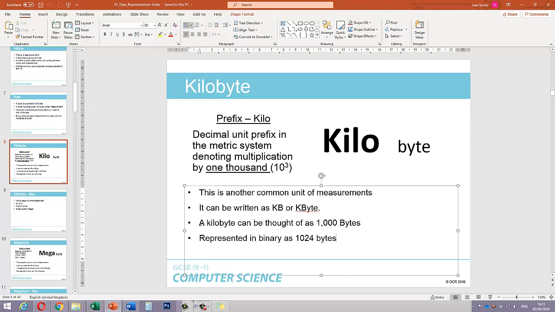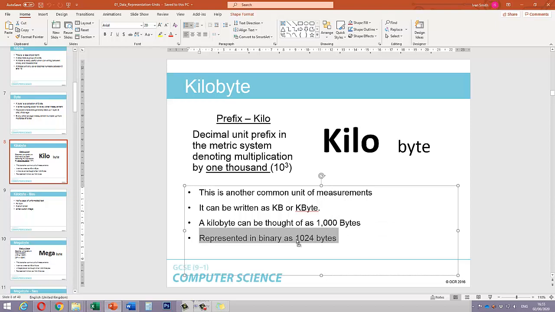This is if we use our decimal metric system. However, the computer doesn't see things in metric. The computer sees things as binary, which is to the power of 2. The metric system is based on a base 10 number system, which is our numbers, whereas the computer sees base 2 because it only has 2 numbers, 1 or 0.